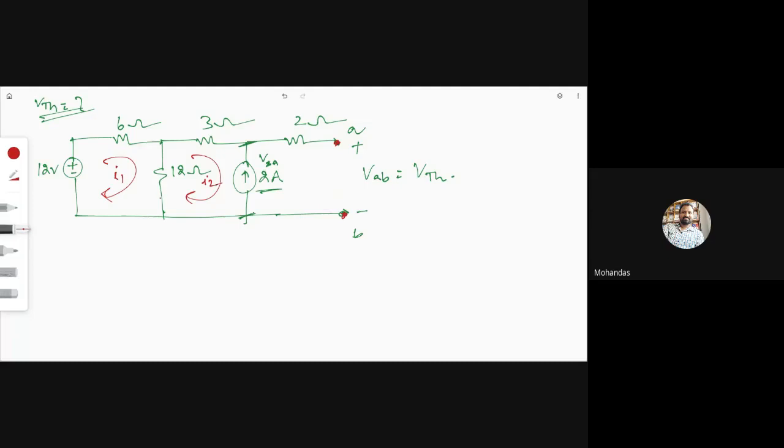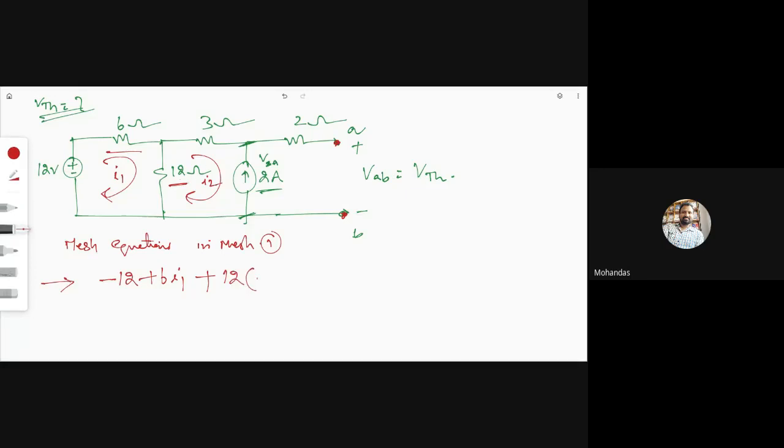Now, write the mesh equations in mesh 1. That is minus 12 volts plus 6 into I1 plus, as it is a common branch, what is the current flowing through this 12 ohm resistor?